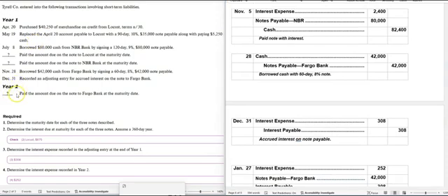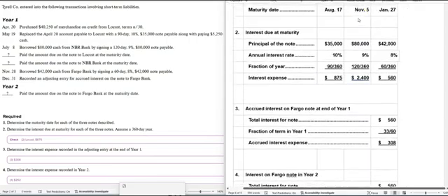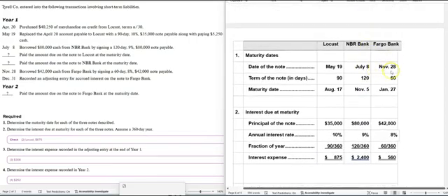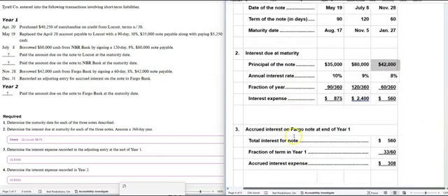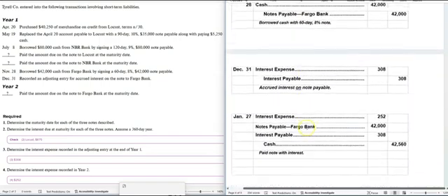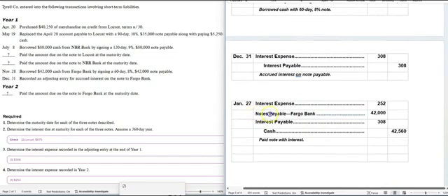Finally, it is now the next year, and we paid the amount due on that Fargo Bank note on its maturity date of January 27th. Along with the interest, we have to pay the $42,000 owed. So the liability to the notes payable for the bank goes down with a debit.